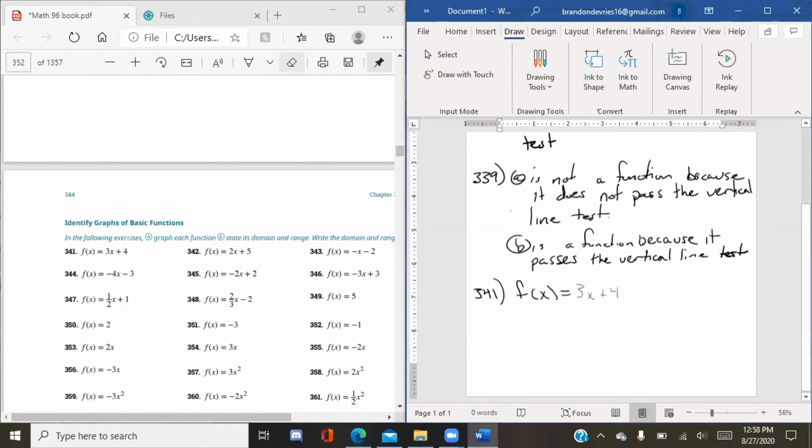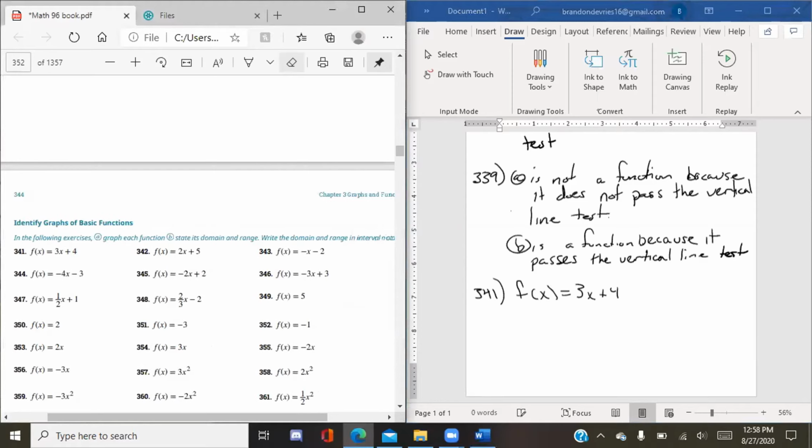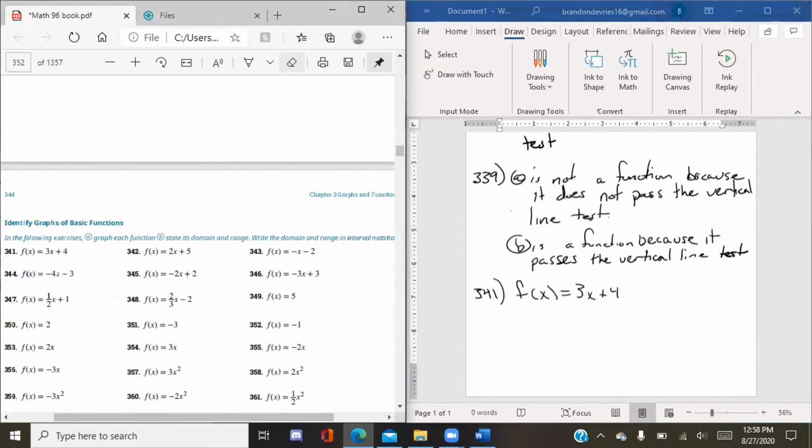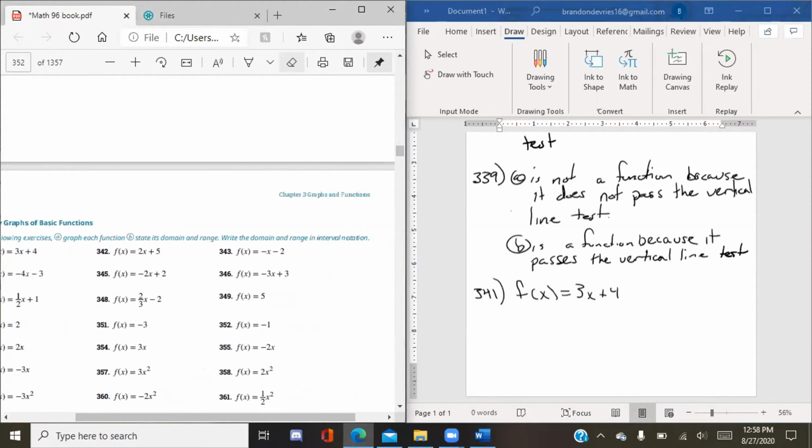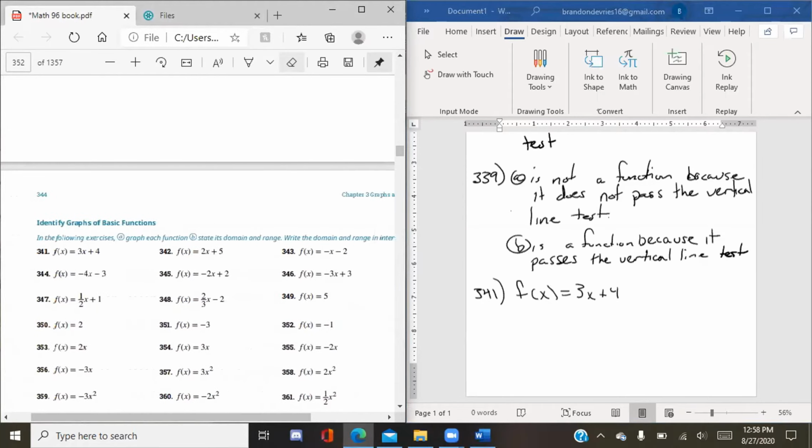All right. So f of x equals 3x plus 4. Graph each function, state its domain and range, write the domain and range in interval notation.